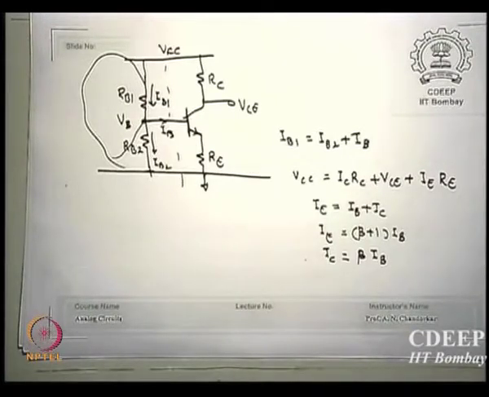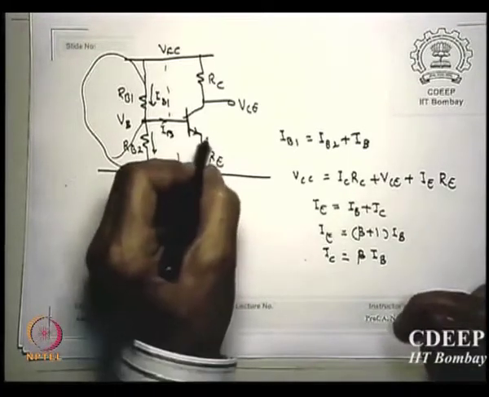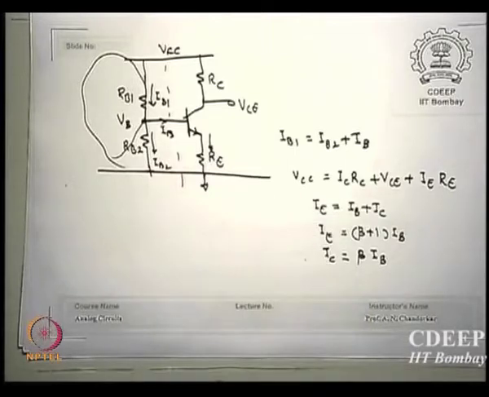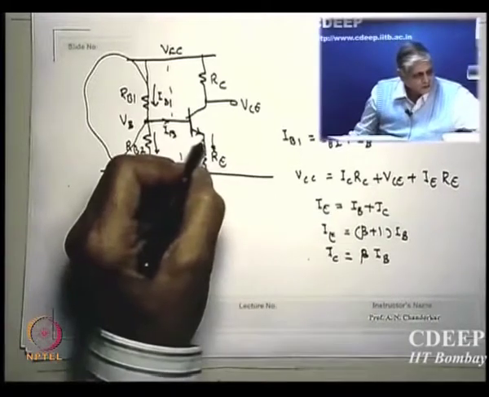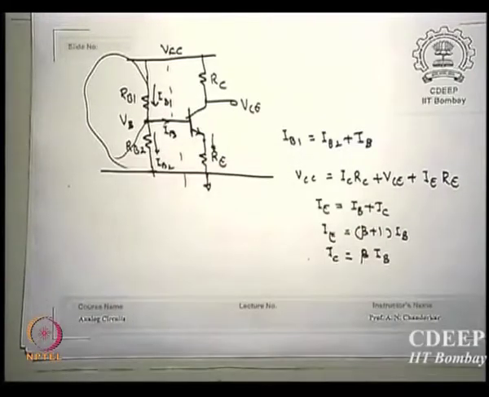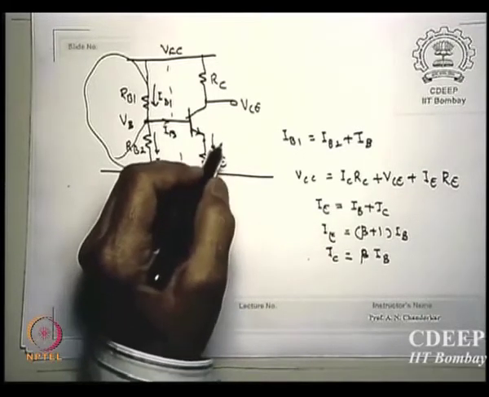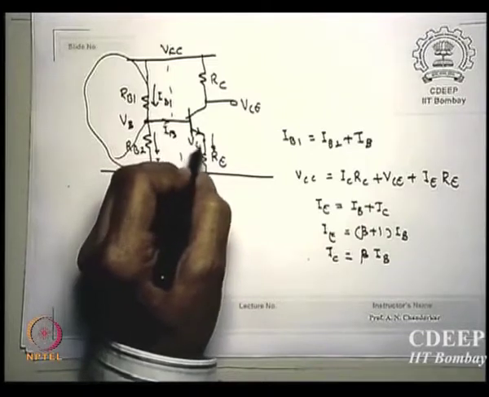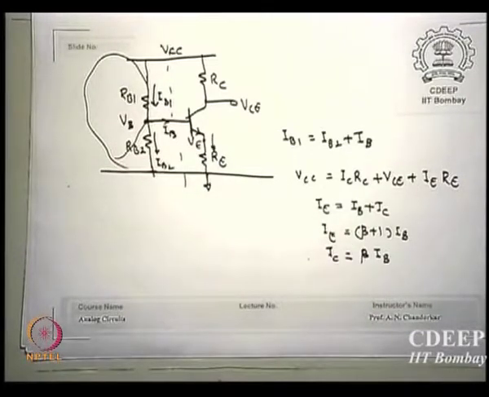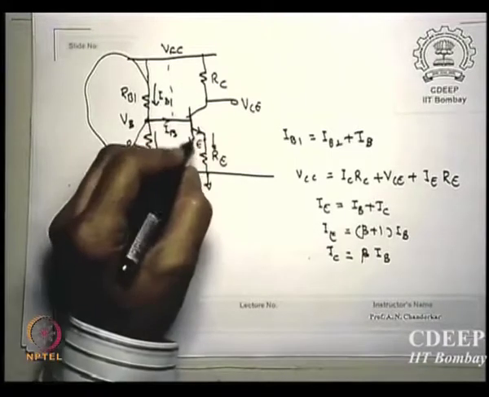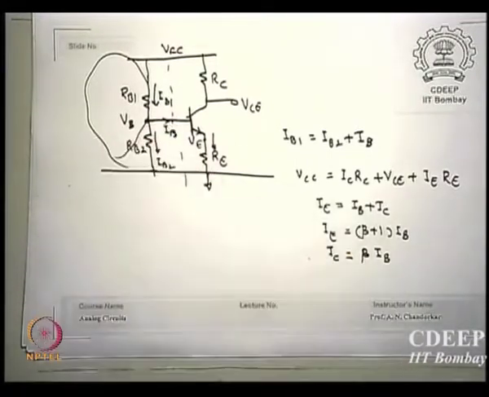Now one can see from here, what if there is a current flowing here? Normally if the emitter is grounded, there is no voltage drop, we said this is grounded, but now there is a resistance here and current is flowing. So this VE value will be how much? IERE. So how much is this voltage then?